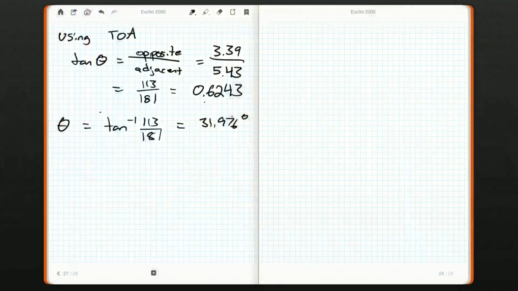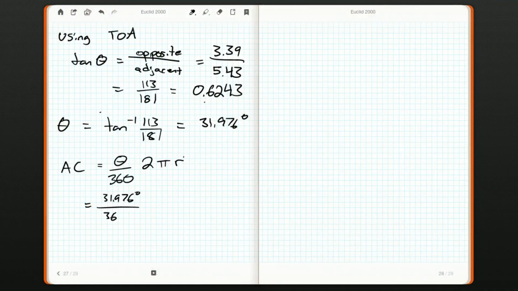I can use the formula for computing the arc length because we know the radius and now we know theta. So the arc length AC, well, that's theta divided by 360 times 2 pi r. So that's about this number over 360 degrees, 2 pi 6.4. Okay? So, I take my calculator. It's still got that long string, and I immediately divide it by 360.